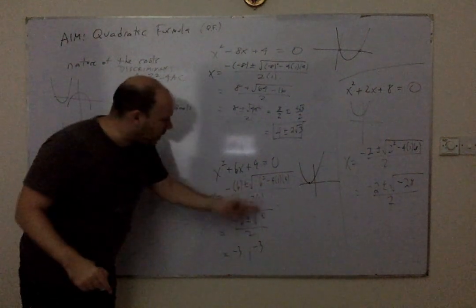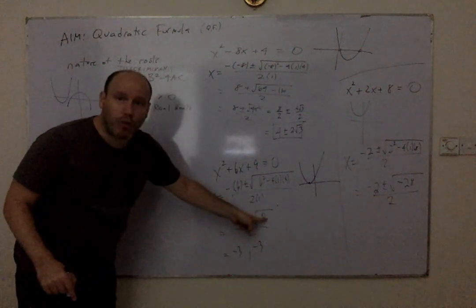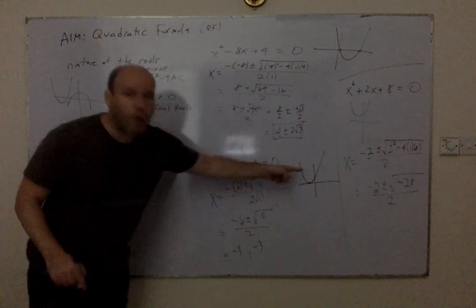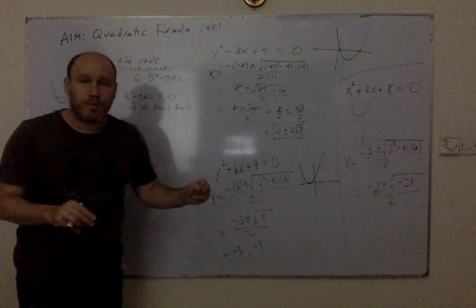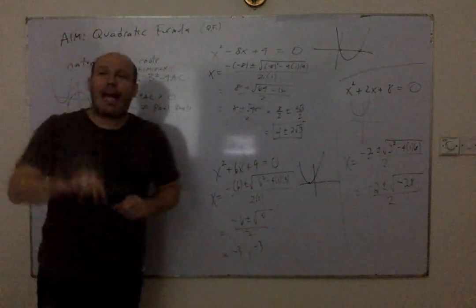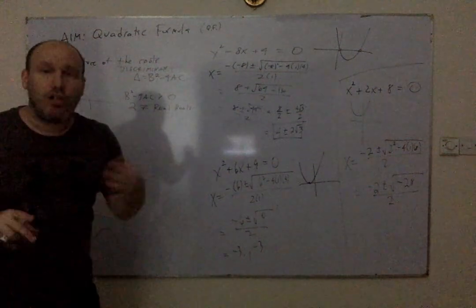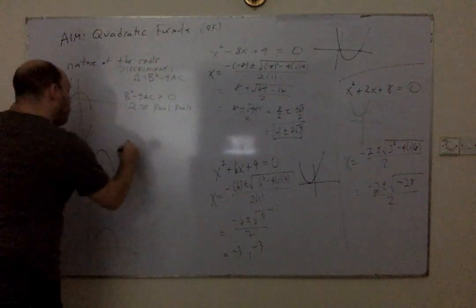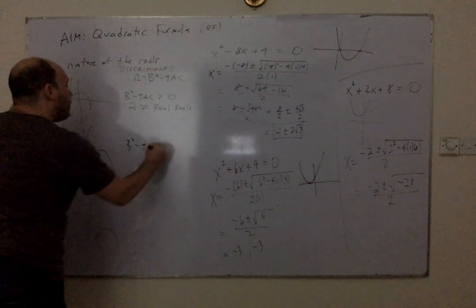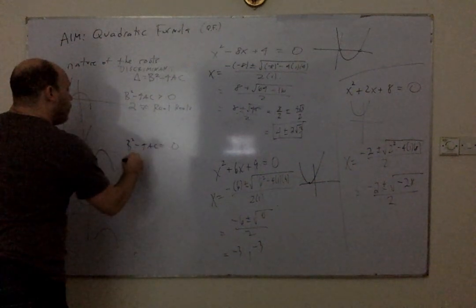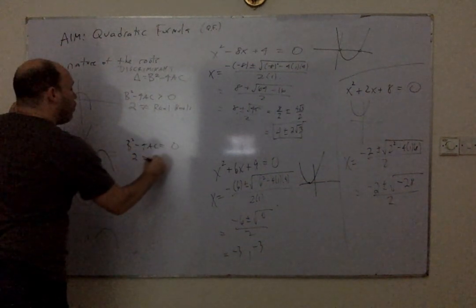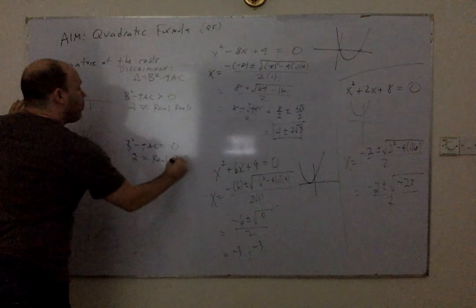Over here, in this example, the number under the radical was 0, and then we just had one root. It was a double root, and it just touched the x-axis. It's known as tangent to the x-axis. So if b squared minus 4ac equals 0, we have two equal real roots.